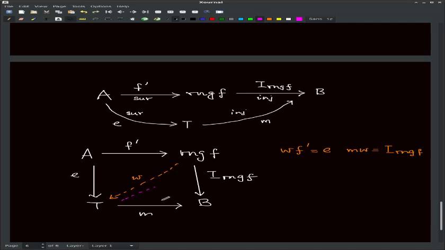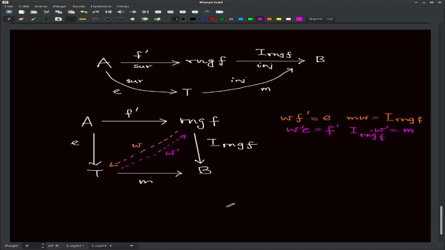So you have another map, W prime. And what does this do? So your W prime E is equal to F prime and your W prime image is equal to this F.